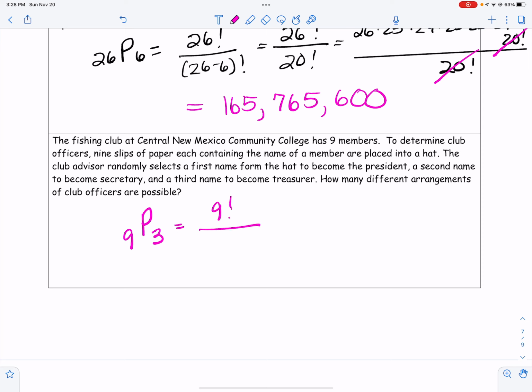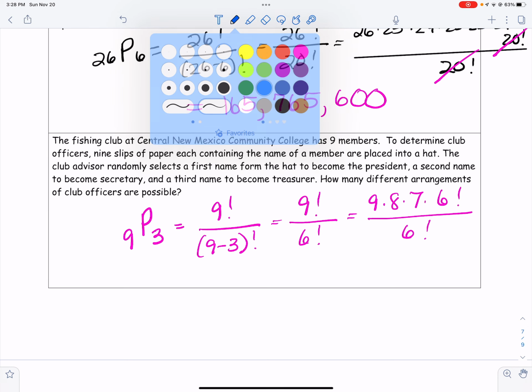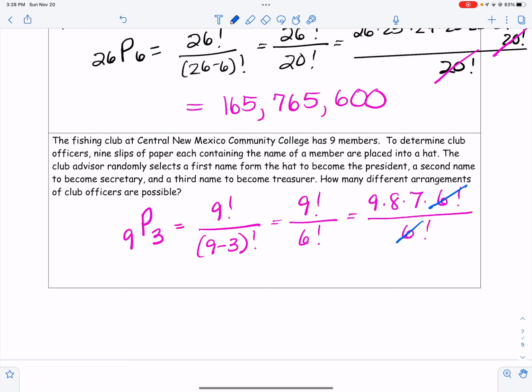So 9 factorial over 9 minus 3 factorial, which is 9 factorial over 6 factorial, which is 9 times 8 times 7 times 6 factorial. And then we can cancel these. And so we take 9 times 8 times 7, and we get 504.